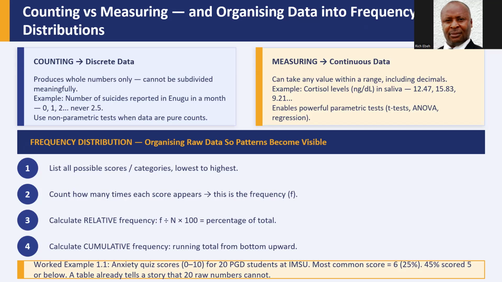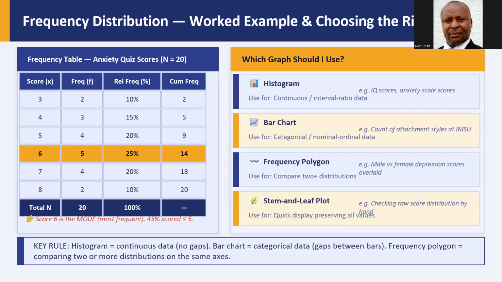But when you organize those scores into a frequency distribution, which is a table showing how often each score occurs, suddenly, patterns emerge. Let me walk you through how to build one.